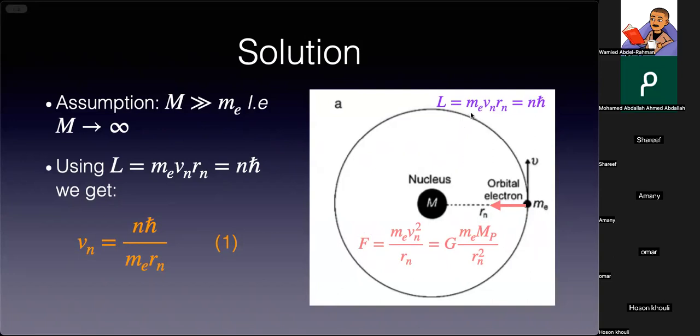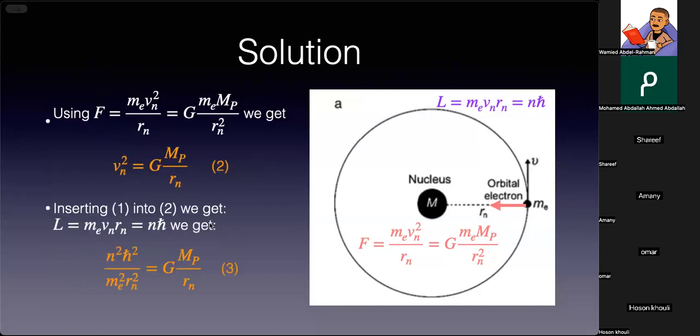And again, based on Bohr's postulates, one of the postulates is that the angular momentum is an integer multiplied by the reduced Planck's constant. So we're going to use this. This is the angular momentum: m times Vn times Rn equals n multiplied by h bar. And from here, we're going to get Vn as a function of the other parameters.